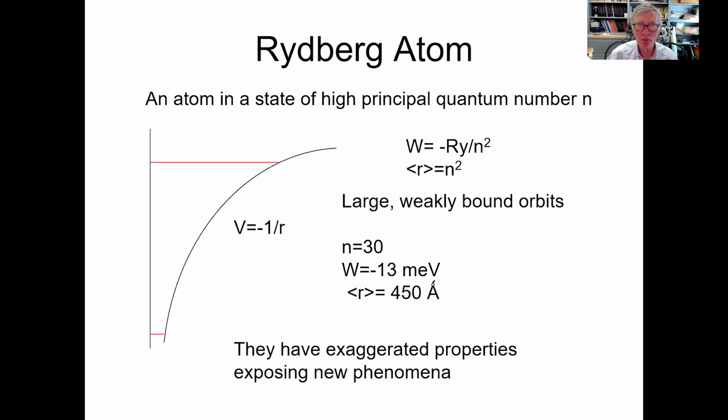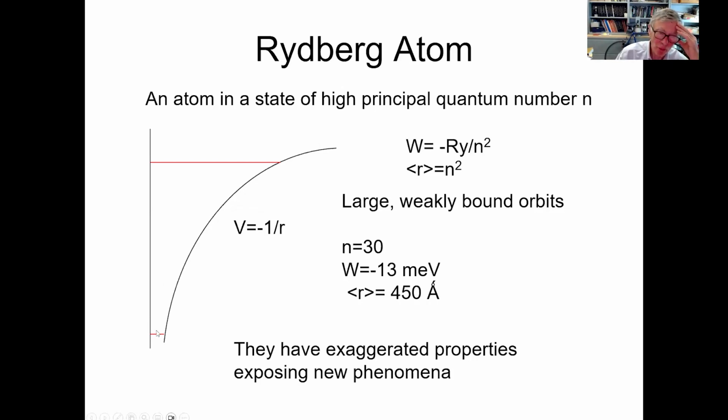Okay, so a Rydberg atom actually is an atom in any state of high principal quantum number n. The energy is given by the Rydberg constant divided by n squared, where the minus sign means it's a binding energy. So the binding energies become very small.